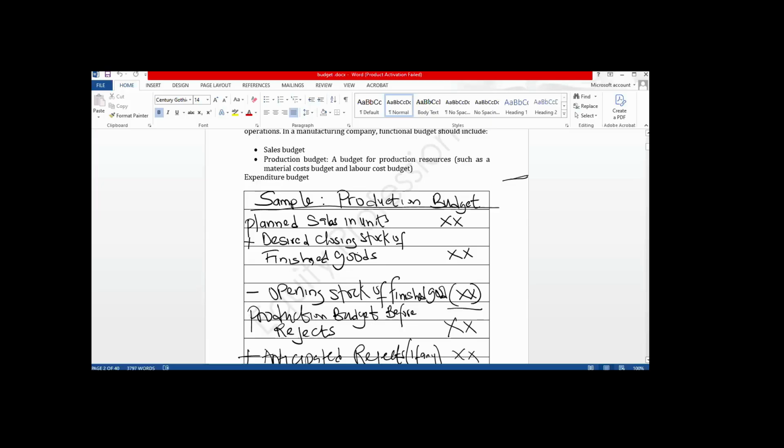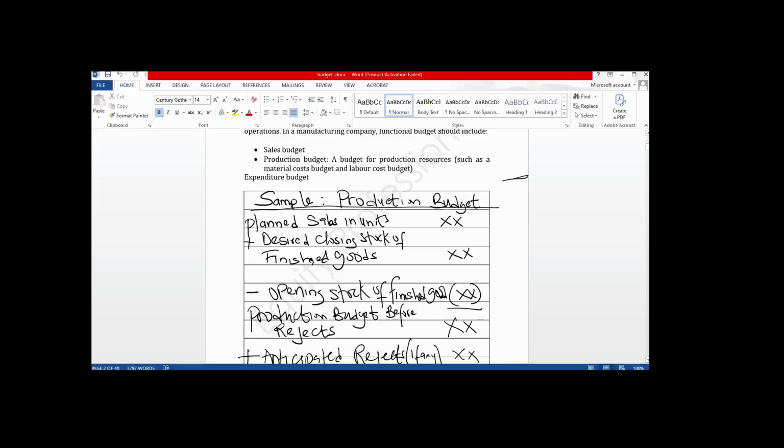Your production budget will start from your planned sales plus desired closing stock of finished goods minus opening stock of finished goods.